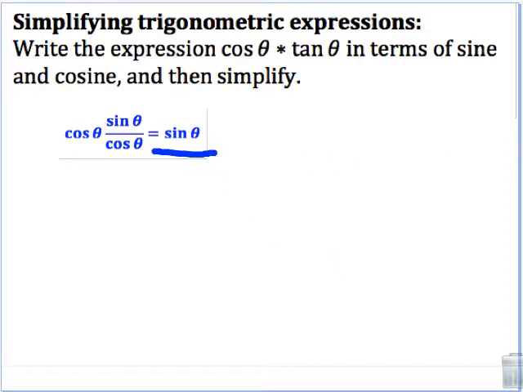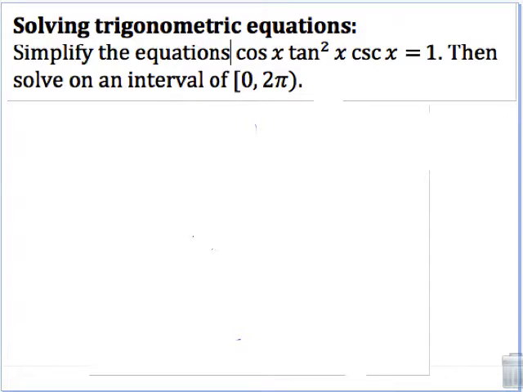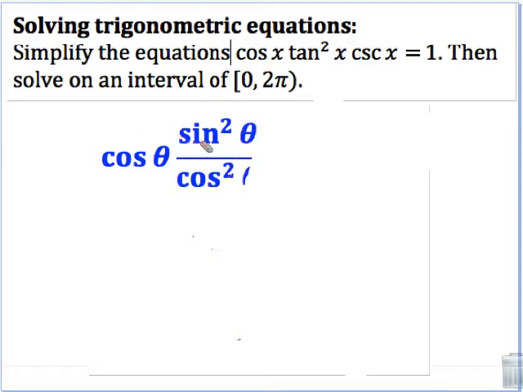Super easy, right? Now this last example, we want to simplify the equation cosine x times tangent squared x times cosecant x equals 1. We need to simplify that and then solve on the interval of 0 to 2 pi. When we first simplify it, we just want to first put everything in terms of sine or cosine, and remember everything equals 1.